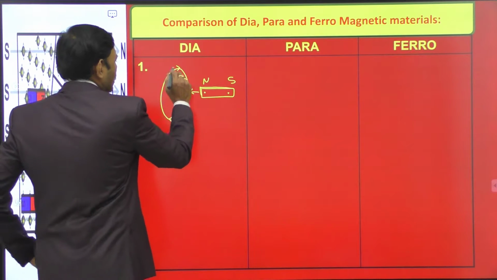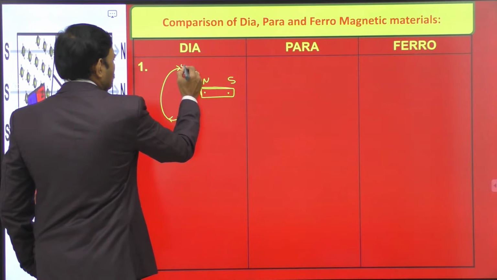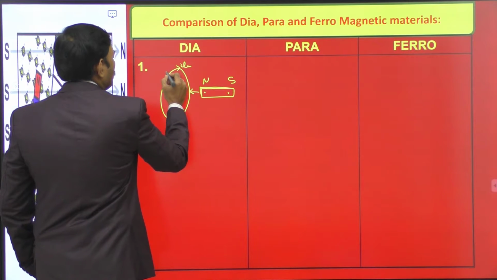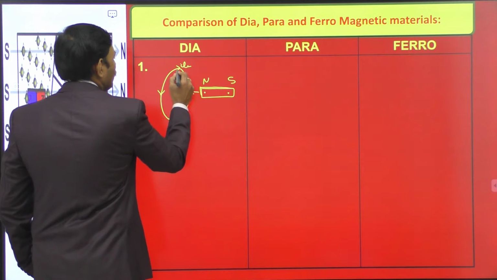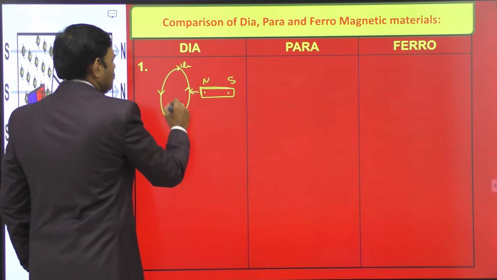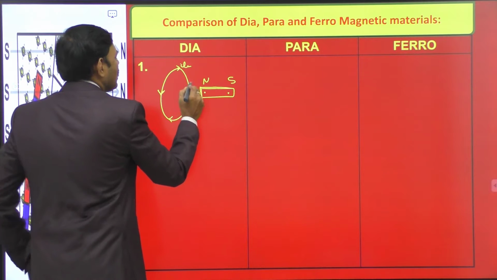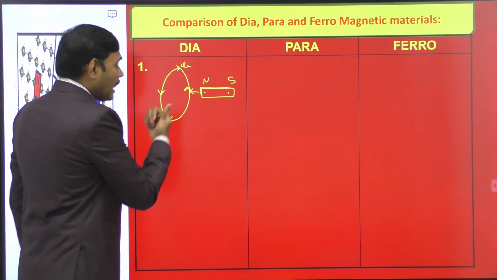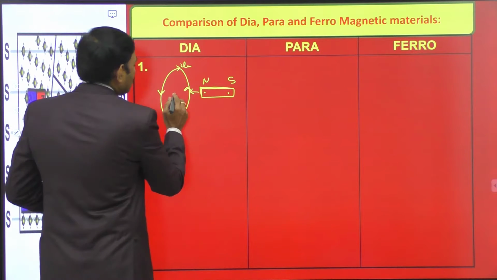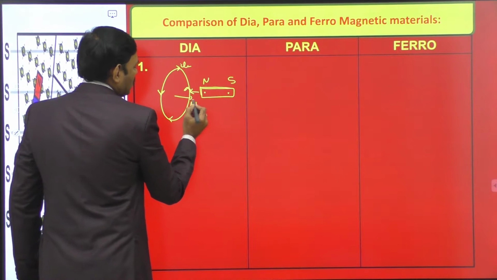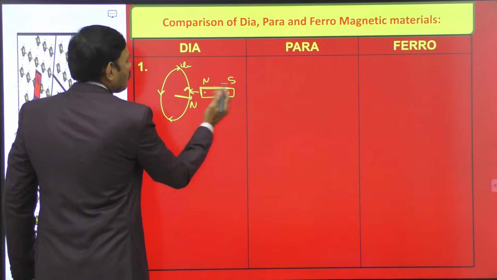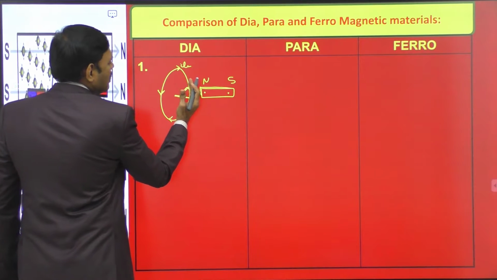If electrons are revolved in this direction, then positive charges are said to be revolving in this direction. Don't get confused. If electrons revolve clockwise, positive charges are assumed to be revolving anti-clockwise, so that the face towards the magnet becomes the north pole face.